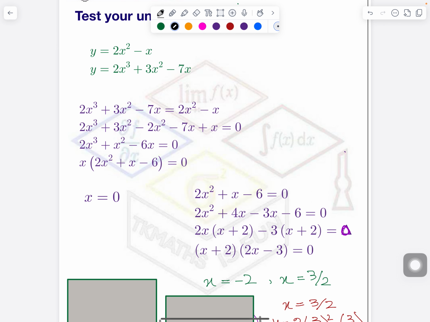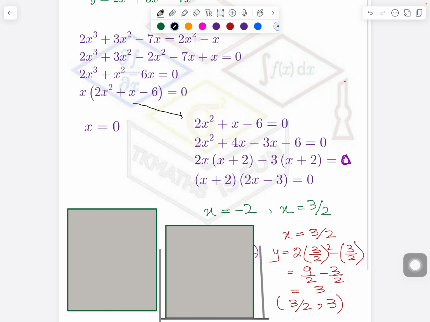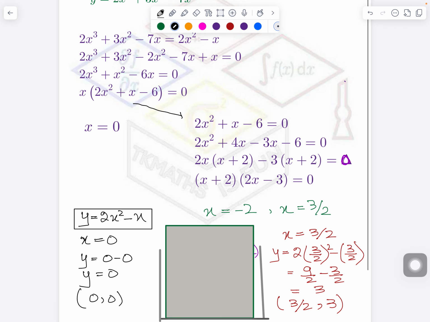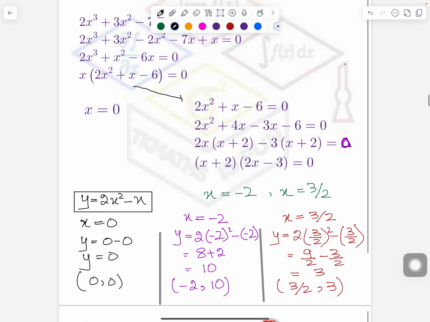Like I said, this one you will further factorize to get the values of x, and these values of x you will substitute in the equation to get the corresponding values of y. So you can check your working.